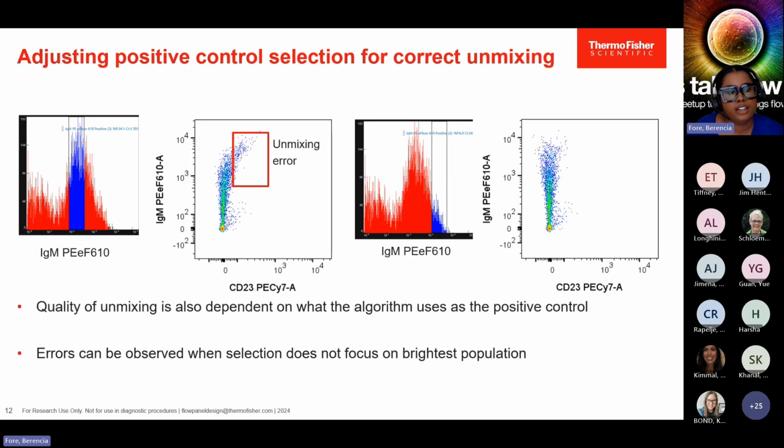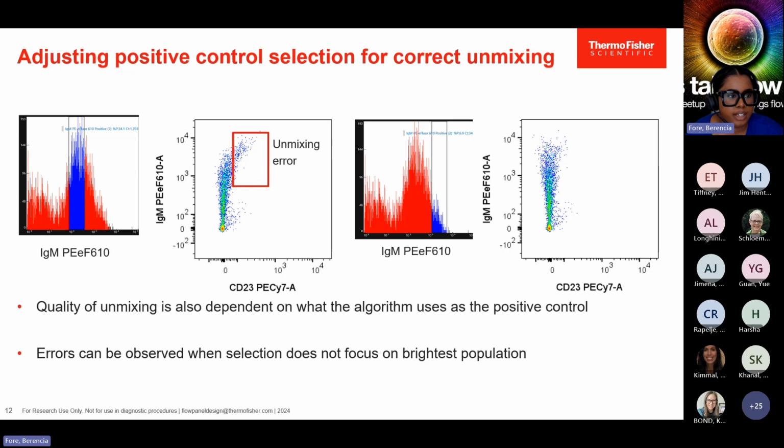So along with your controls, you want to adjust the selection of the positive in your positive peak. You want to adjust that for correct unmixing. Quality unmixing is also dependent on what the algorithm is using as the positive.